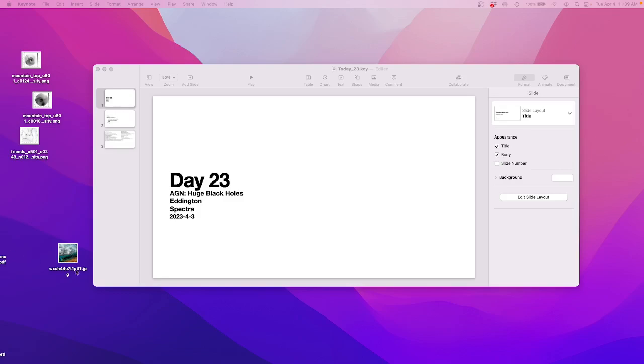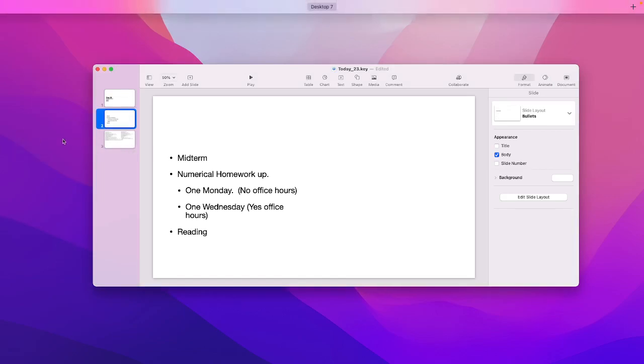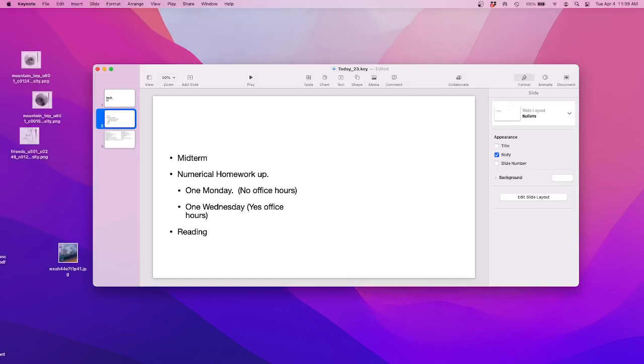But today we're going to go through, let's see, what do we have? We got readings and we got a numerical homework. So I'll go through the numerical homework really fast. And I mean really fast. How do you guys feel about the numerical homework? Pretty straightforward.